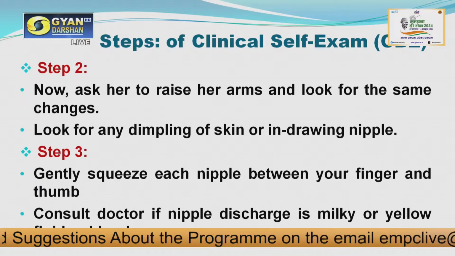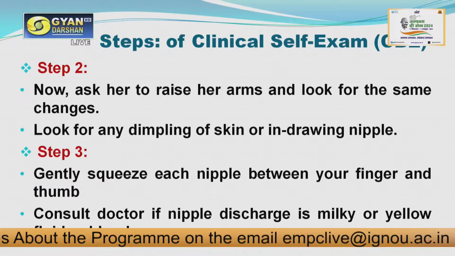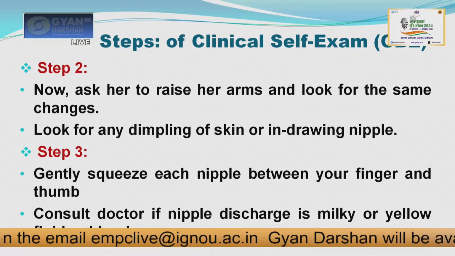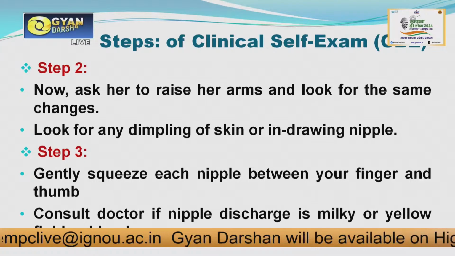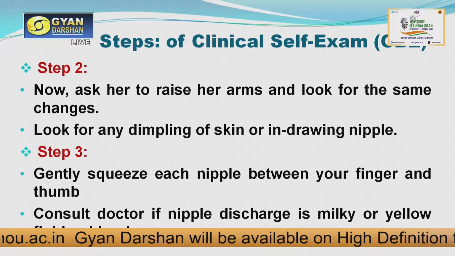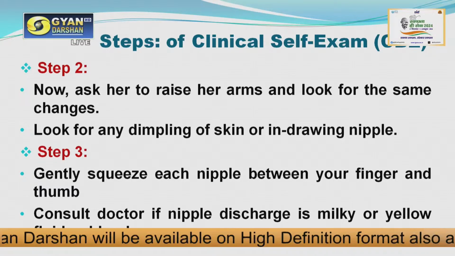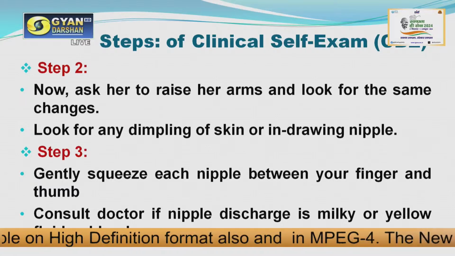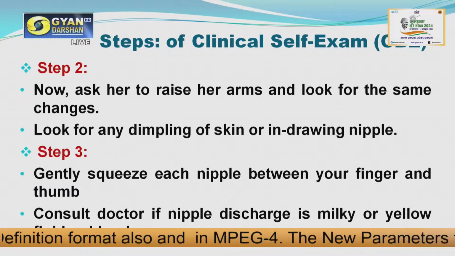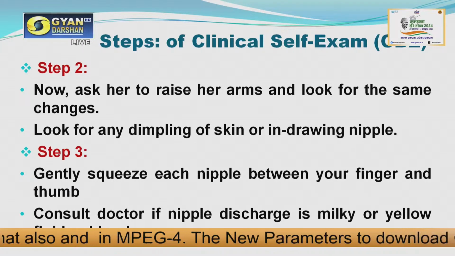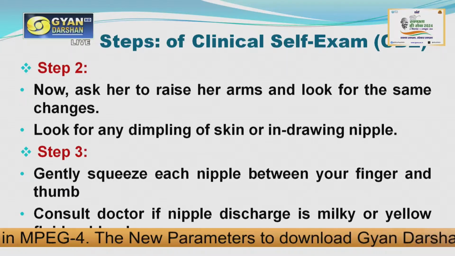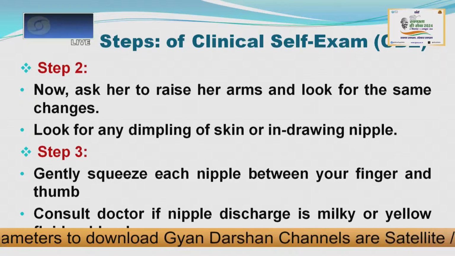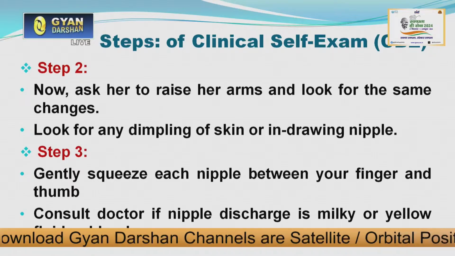You look for any dimpling of the skin or inward drawing of the nipples. Then gently you will ask the mother, or you can do that, squeeze each nipple between your fingers and thumb, because it is needed for assessing if there is any discharge from the breast which is abnormal.